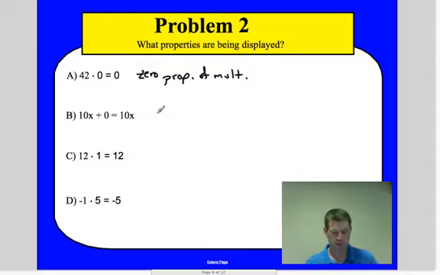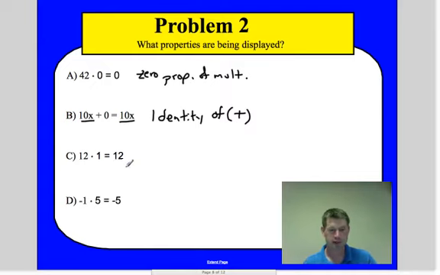Then we have part B here, which property 10x plus 0 is equal to 10x. Well, there's addition, it stayed the same, 10x, 10x, so that's an identity. Okay, it's definitely an identity, but it's identity of addition. Okay, it's identity of addition.